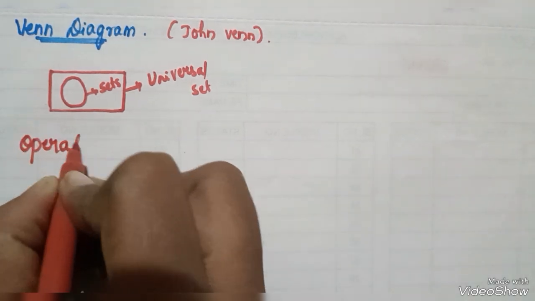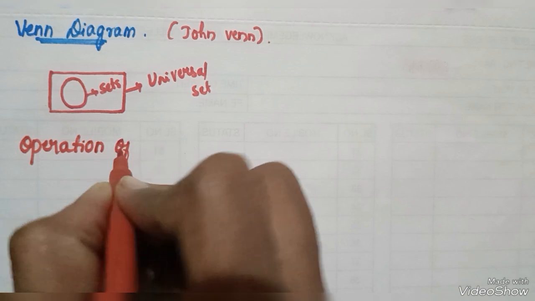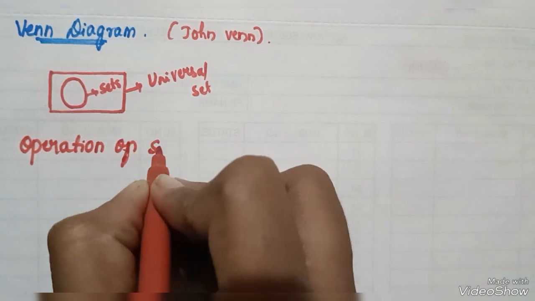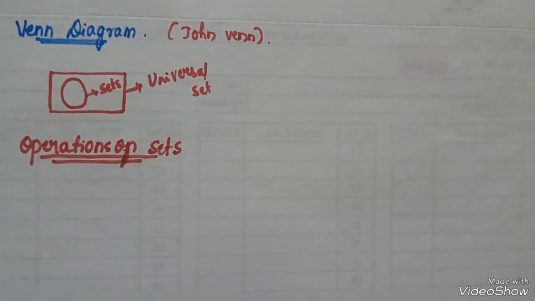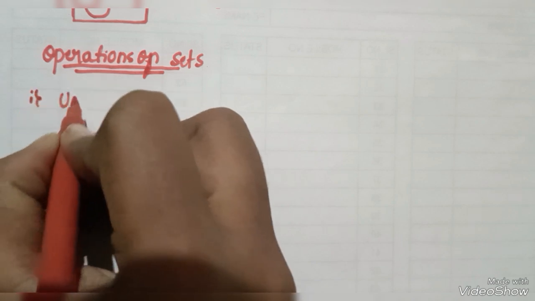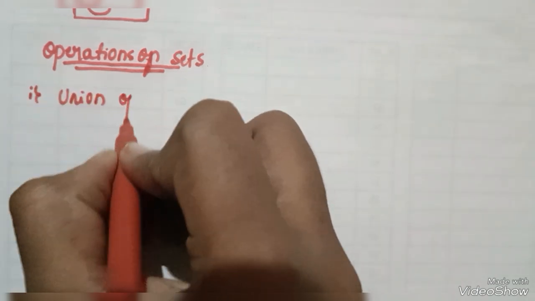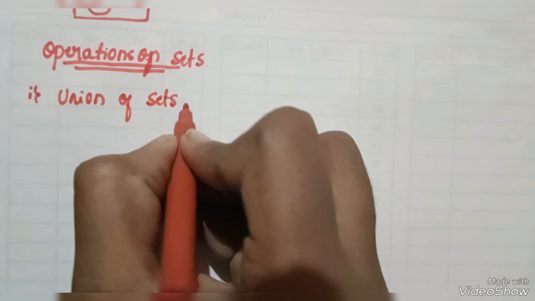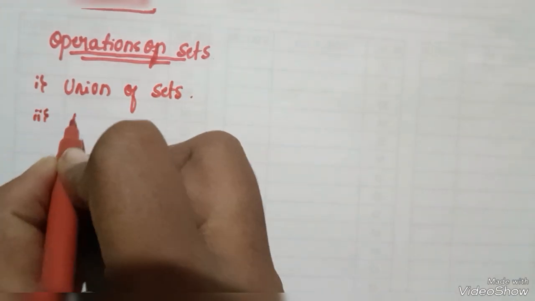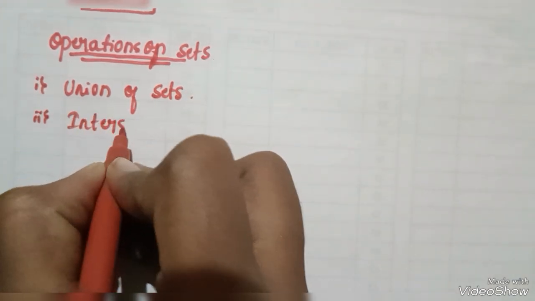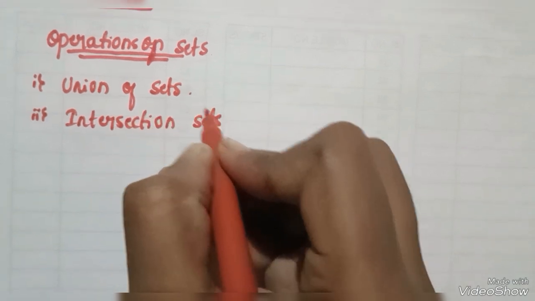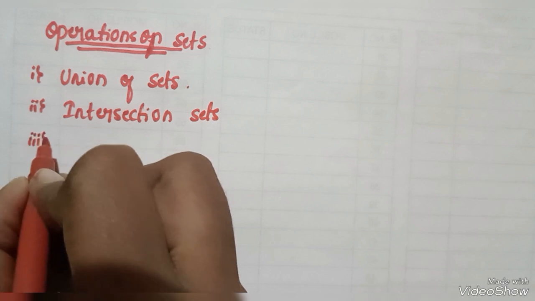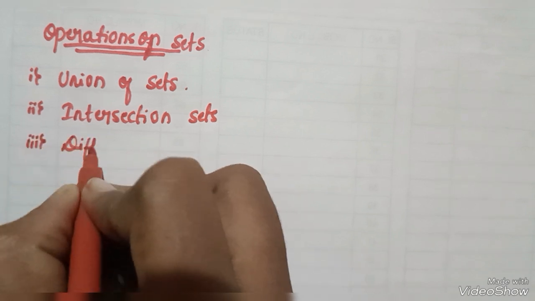Operations on sets. Mainly there are three operations: union of sets, intersection of sets, and difference of sets.